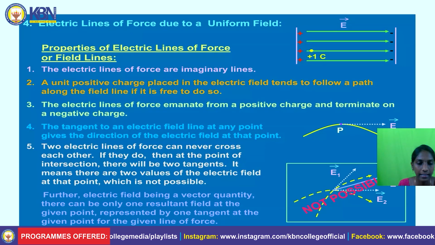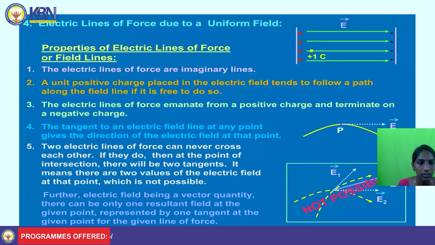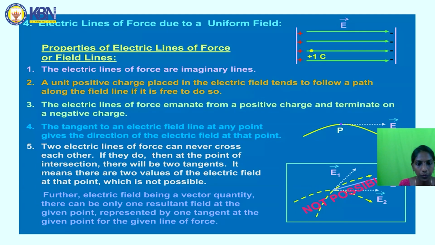The electric lines of force are emitted from a positive charge and terminate on a negative charge. The tangent to an electric field line at any point gives the direction of the electric field at that point. Two electric lines of force can never cross each other. If they do, then at the point of intersection there will be two tangents.